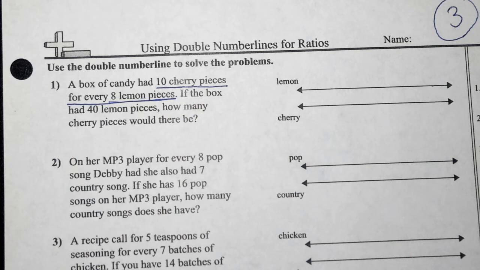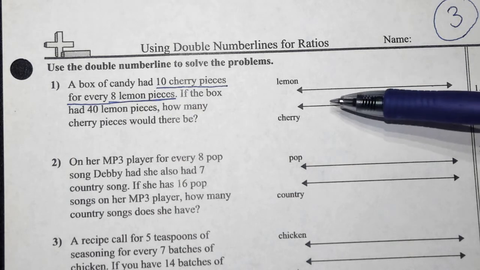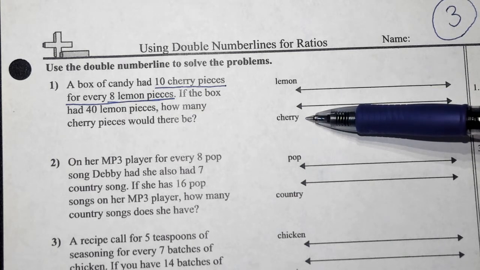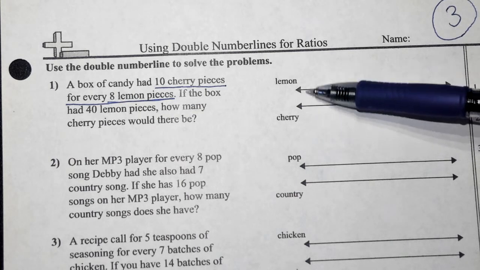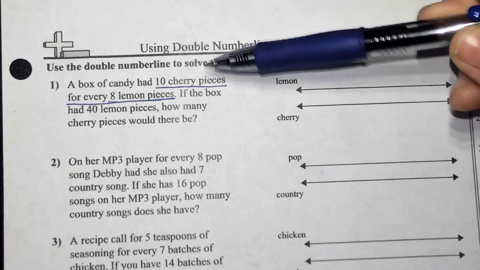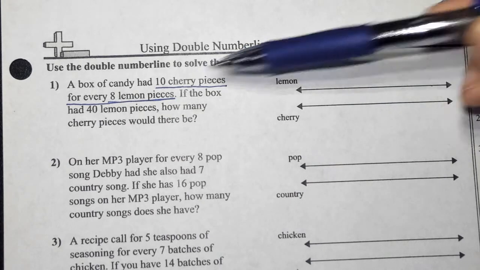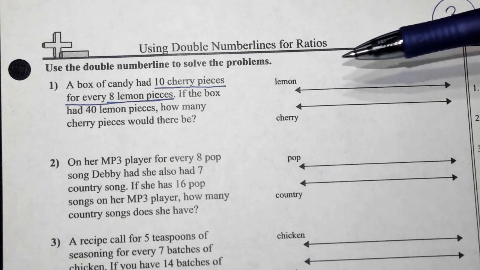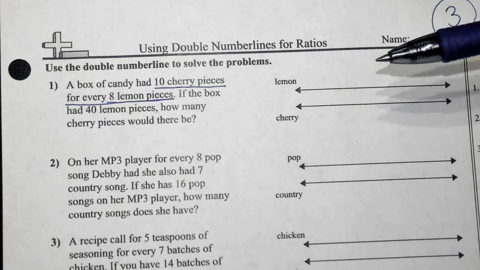Okay. If we look over here at the number line, we have a line about lemon pieces and we have a line about cherry pieces. Now it's kind of odd that my lemon comes first, because which one was mentioned first? Cherry. So why did I put the lemon number line first? Samaria, what do you think?